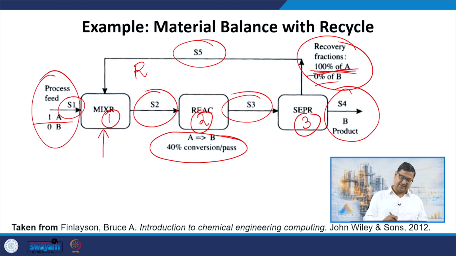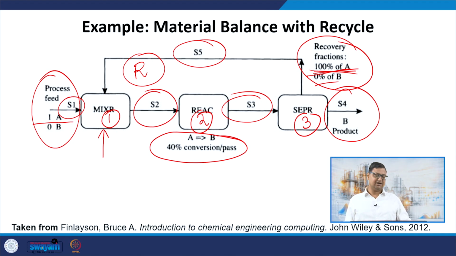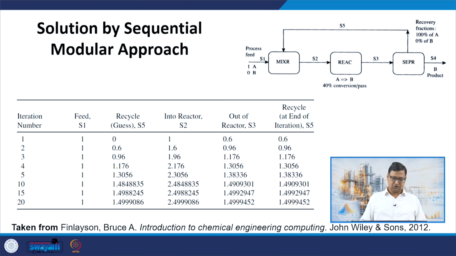In the sequential modular case, I will guess R and do the computation, and after the computation I will get a new value of R, right? So this is what I am doing here. We start from fresh feed S1, and in the beginning it is assumed that R is 0, that is, recycle is 0.